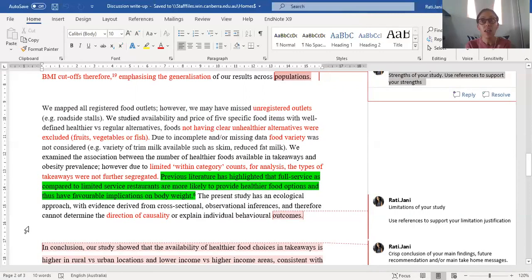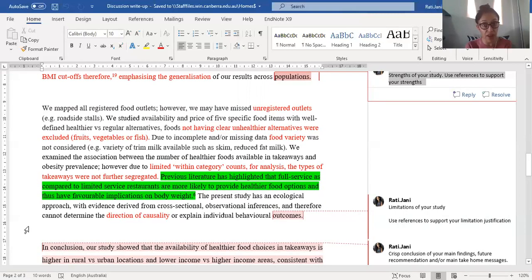Similarly, you may say that you have done analysis on the overall sample, which included males and females. You haven't done a within category gender analysis, meaning males versus females and stuff like that. And then you have to defend why you haven't done it: because you did not have enough sample size to do this in the first place.